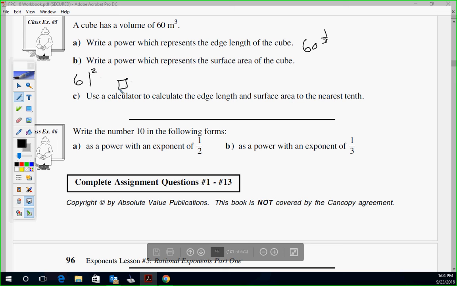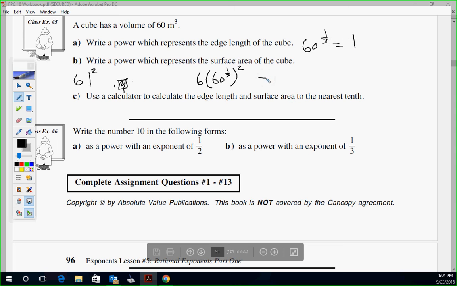That's one face, L times L. There's 6 of those. We want to figure out what the length is, so we're going to write 6 times 60 to the 1/3, squared. Because 60 to the 1/3 is how we get the length. That's how we get L.